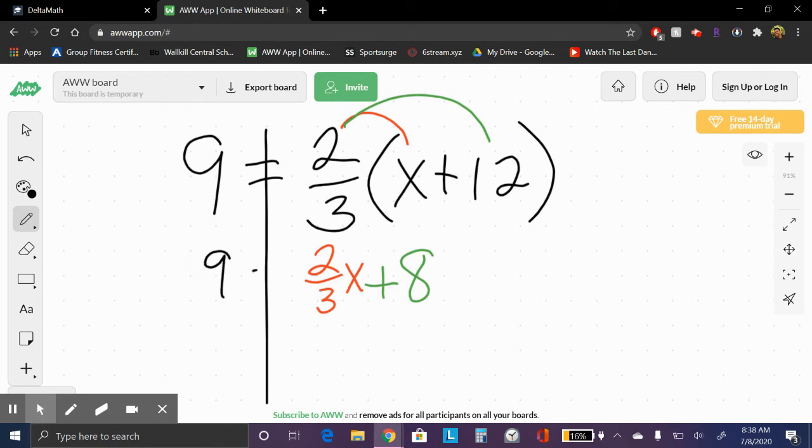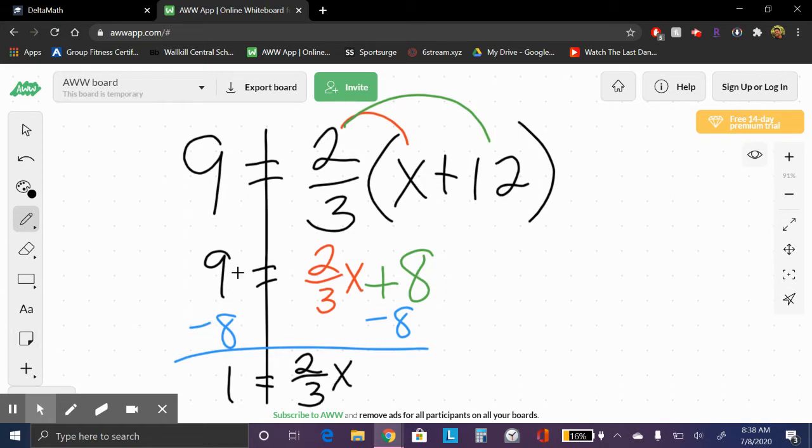Bring the 9 down. And then just like a two-step equation, we are going to subtract 8 from both sides. So you have 9 minus 8, which is 1. Bring down the 2/3 x.